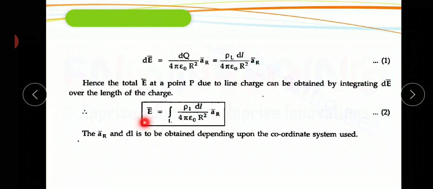So this is the final expression for electric field intensity due to a line charge. That is, E bar is equal to integral over L of rho L dl by 4 pi epsilon naught r square AR bar.